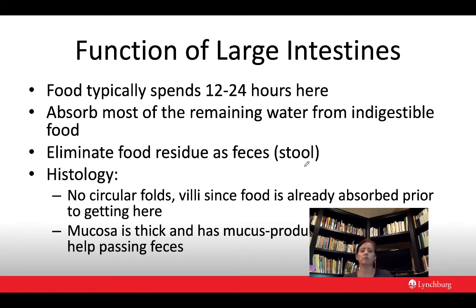So what happens in the large intestines? What's the function of the large intestine? Well, food is routing through. It typically spends anywhere from 12 to 24 hours traveling through the large intestines. The main thing that's happening is reabsorption of water. At this point, we've reabsorbed all of the nutrients because we did that in the small intestines.